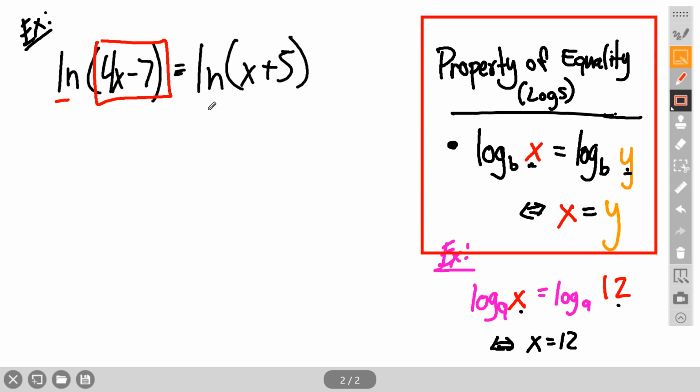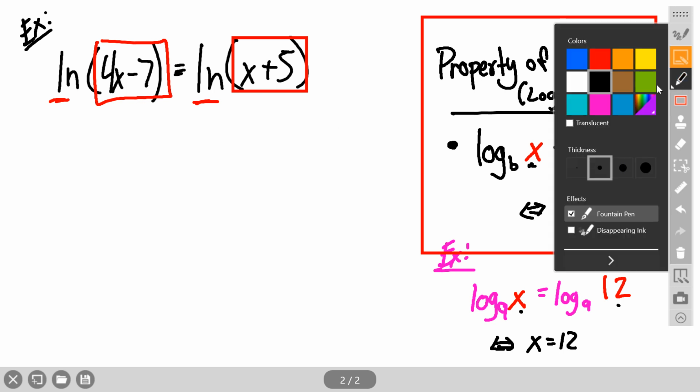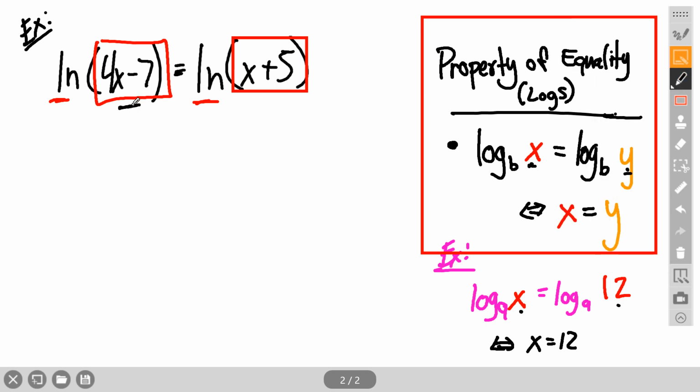If we look at the other side, it's also a log. It's a log of x plus 5. Not only that, it's the exact same log. They're both natural logs, ln and ln. So what exactly does this tell us about 4x minus 7 and x plus 5? They're equal to each other.